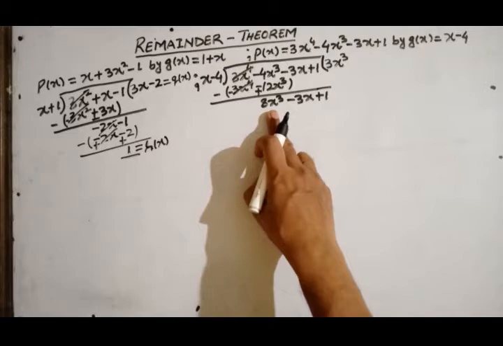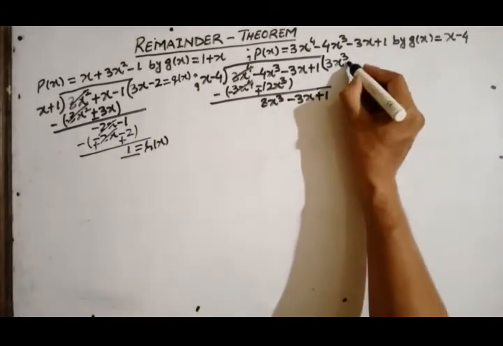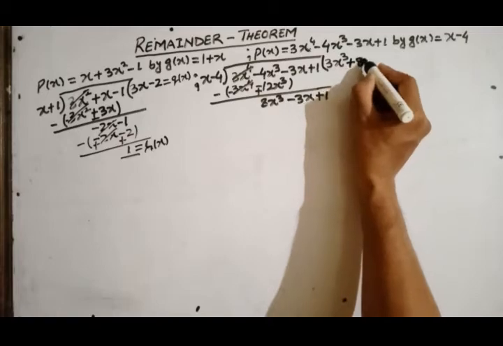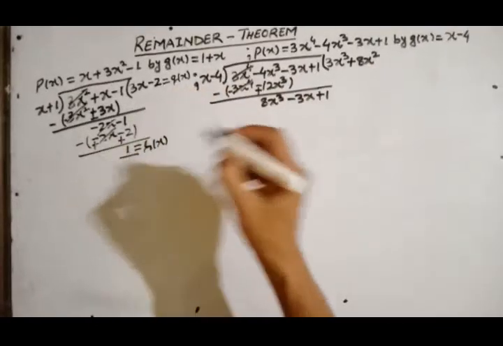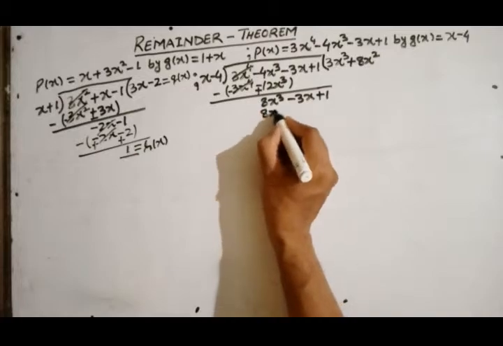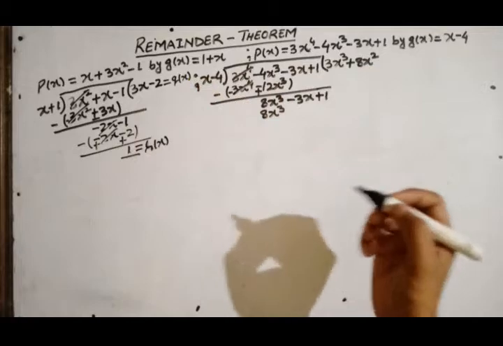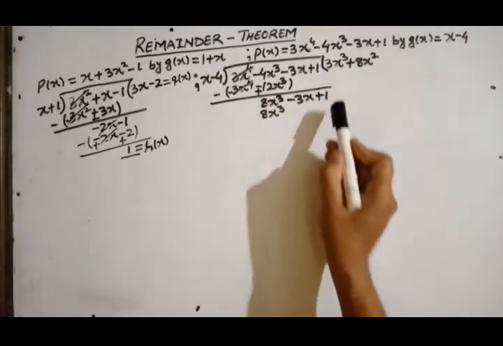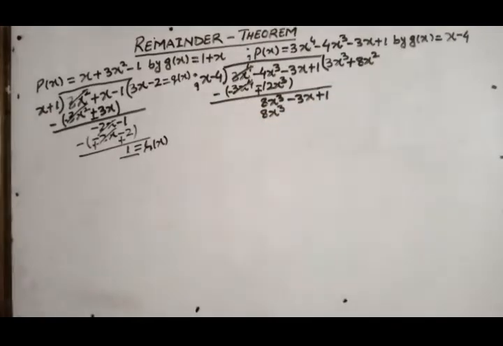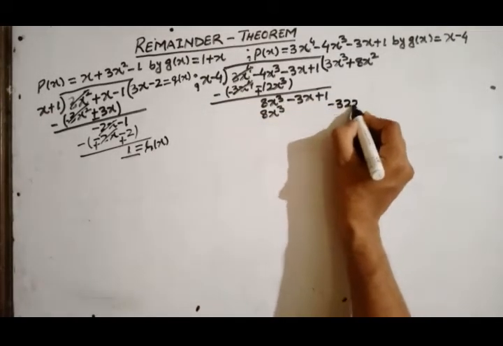Now to eliminate 8x cube, this x needs to be multiplied by plus 8x square. So in quotient we take plus 8x square. 8x square into x is 8x cube. 8x square into minus 4 is minus 32x square. And here we have no term of x square, so that minus 32x square we will write separately.